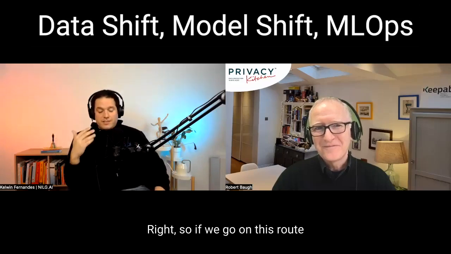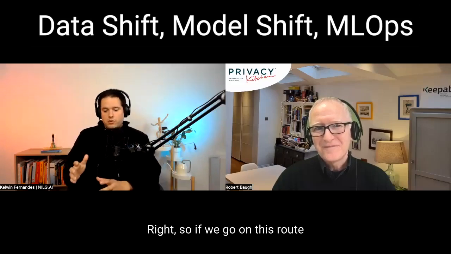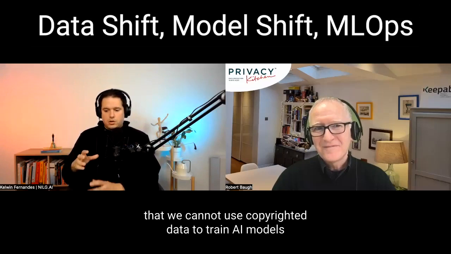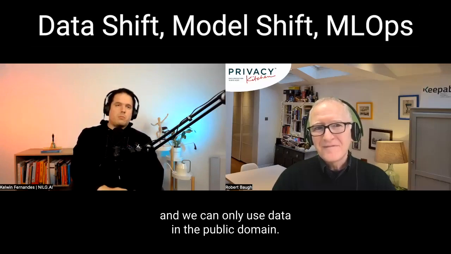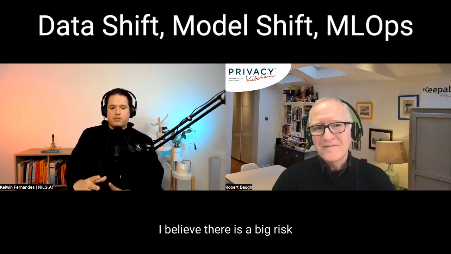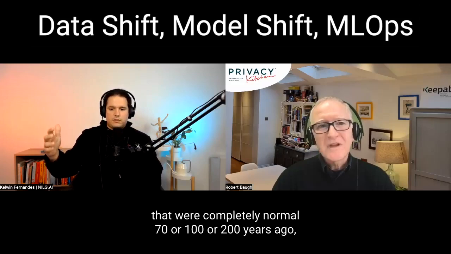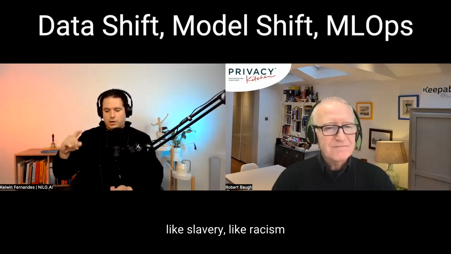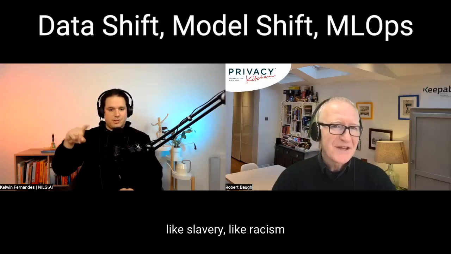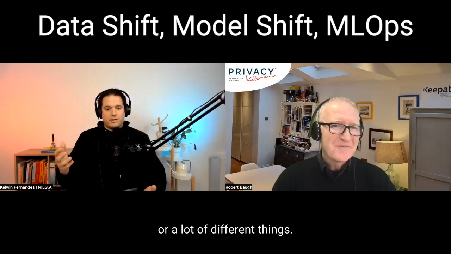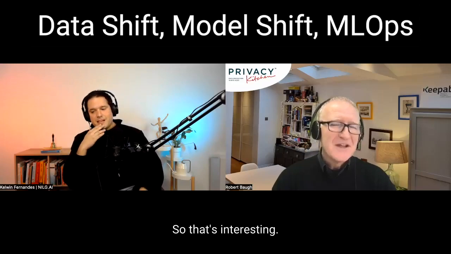So if we go on this route where we cannot use copyrighted data to train AI models, and we can only use data in the public domain, I believe there is a big risk that these models will get very biased toward things that were completely normal 70 or 100 or 200 years ago, like slavery, like racism, or a lot of different things, right?